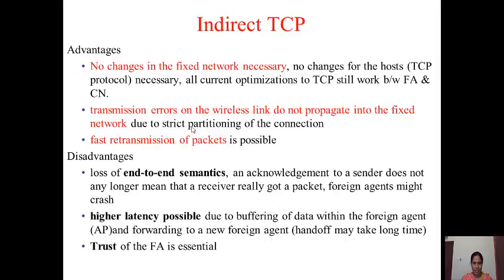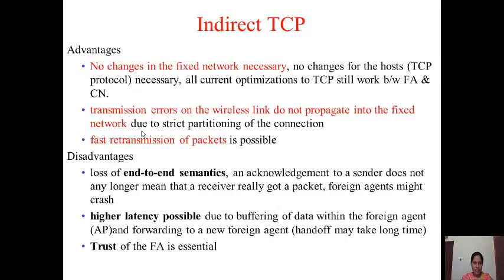So this is an advantage, because unnecessary dissemination about the loss of packets is not intimated to the correspondent node every time, and the full length transmission is also not going to take place. And since the access point does the transmission of the packets in case there is a loss, we say that fast retransmission of packets is possible, right?